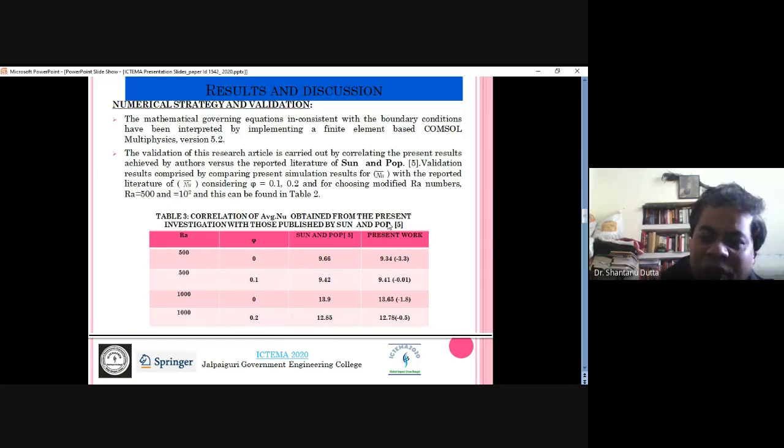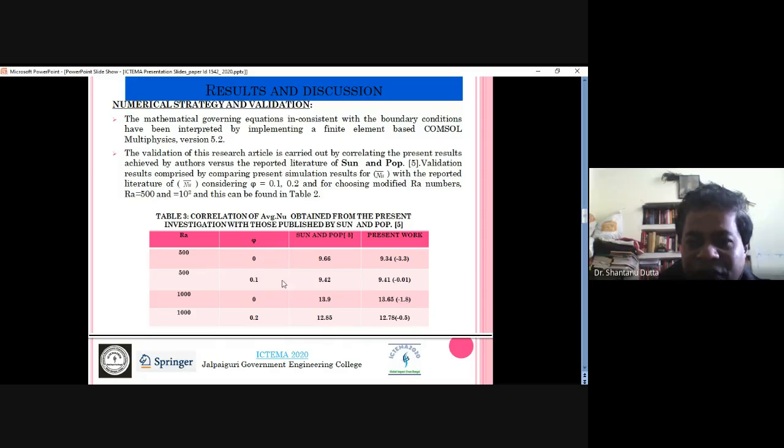However, this has the Darcy number and the presence of the nanofluid. This is the nanofluid percentage, you can see. So this was one validation, and you can see the error is very small, less than 4%.